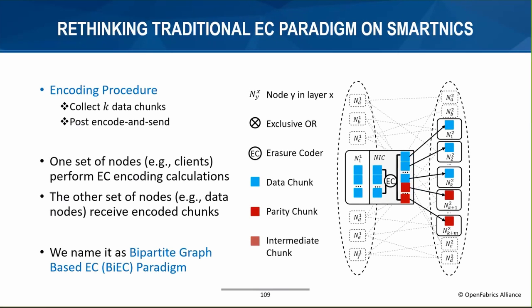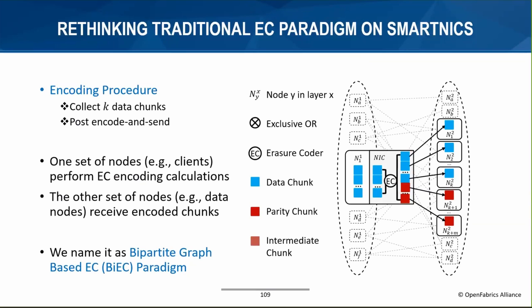So for encoding, after the client collects K data chunks, we post encode and send, such that the NIC gets these data chunks, encodes them to generate M parity chunks, and sends the parity chunks to the data nodes.